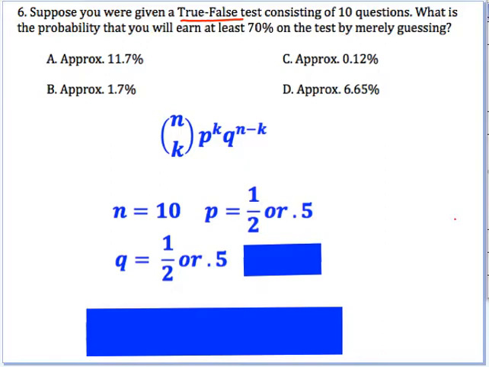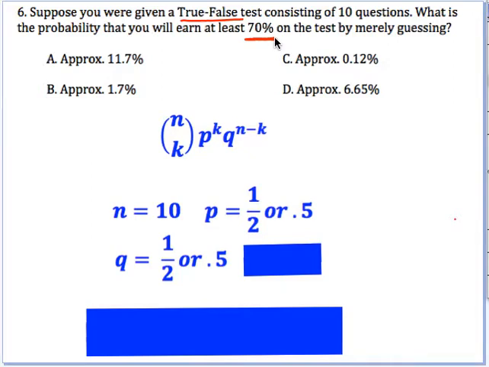So this one's an interesting one. You're going to have the same rate for your P value as you do for your Q value. Now, notice for this one, we want to get a 70 on our test.